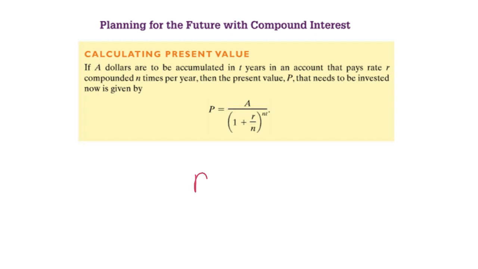The principal is equal to the accumulated value, all divided by parentheses 1 plus the interest rate in decimal form over the number of compoundings, close your parentheses, raised to the NT. So if you want to know how much to invest for the present value, you would use this formula.